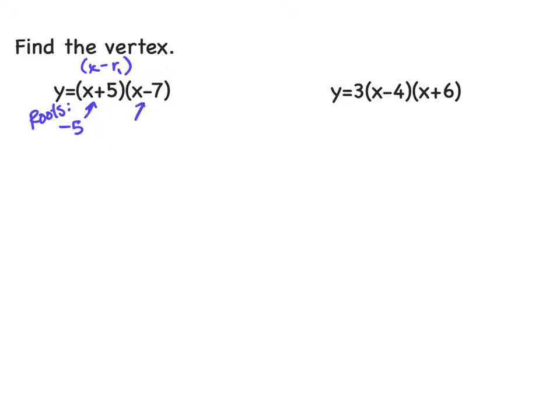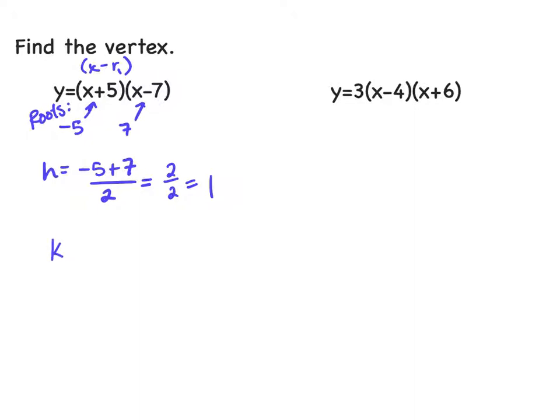And that root is a +7. So basically whatever makes that set of parentheses 0 is your x-intercept when you're in factored form. So I'm going to get my h value, take -5 plus 7 divided by 2. -5 plus 7 is 2, divided by 2 is 1.